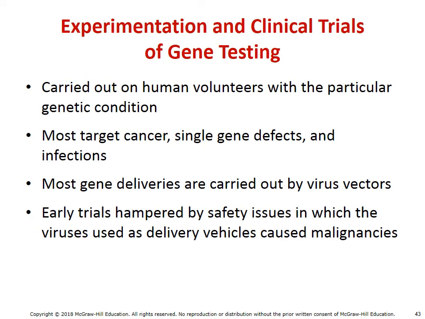So right now, I want to point out experimentation and clinical trials of gene testing is still very, very new. This is an area that we haven't got a lot of opportunities to experiment with, but this potential is so amazing that we could save lots of lives. So trying this out on literal humans is very important to the process.